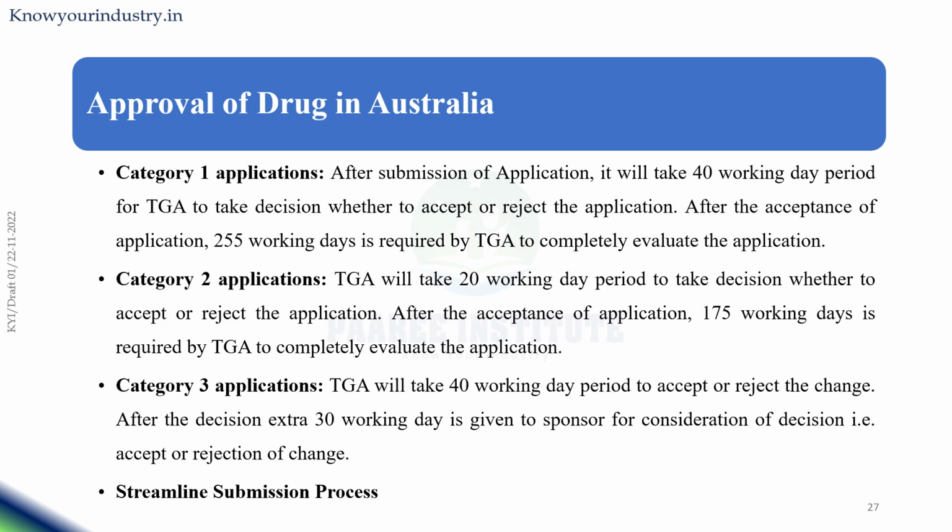This new submission process was brought into force in order to improve significantly efficacy and timelines of registration of prescription medicines without compromising the scientific data of evaluation process and maintaining the appropriate standards of quality, safety and efficacy. So this has been newly introduced by TGA, that is streamlined submission process.